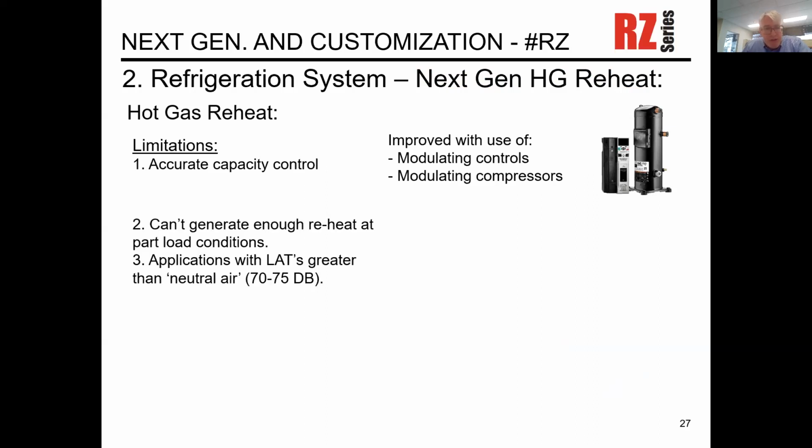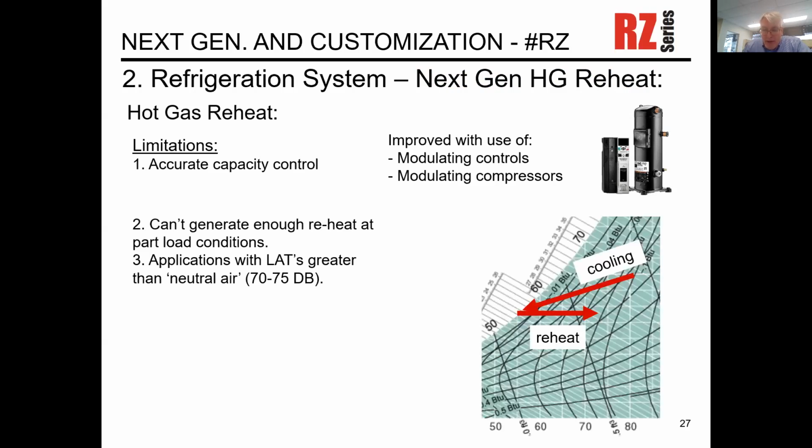The other limitations, or items that you have to be careful about, are generating enough reheat capacity at part load cooling conditions. And then, as I mentioned before, with indoor farming, applications that have leaving air temps greater than neutral air have been a problem. So here's the simple psychrometrics of hot gas reheat.